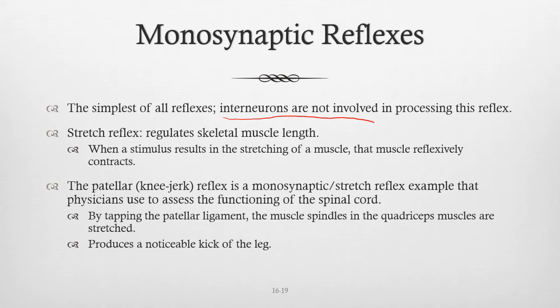This is the same example as before, where you go to the doctor and they tap on your patellar tendon, and we're doing a patellar reflex. We're looking to see whether those tendons are sending off the signals from the muscles themselves and allowing that muscle to start to contract. The muscle sees that we're stretching it too quickly, and that stretch reflex allows us to very quickly contract the muscle in response to it.